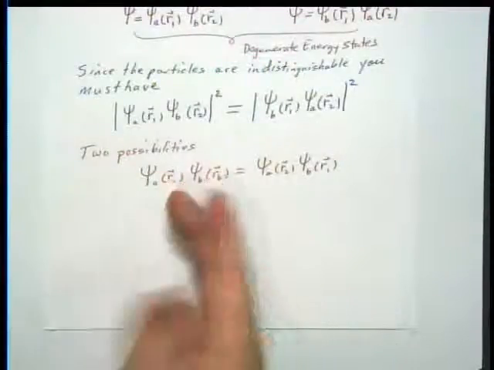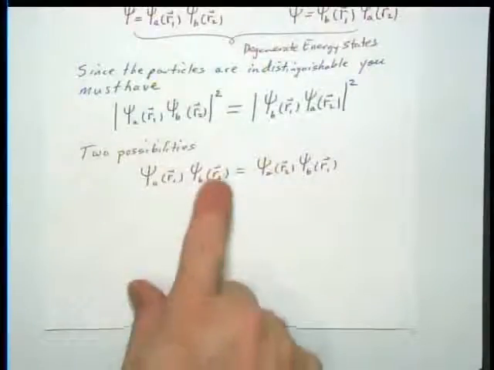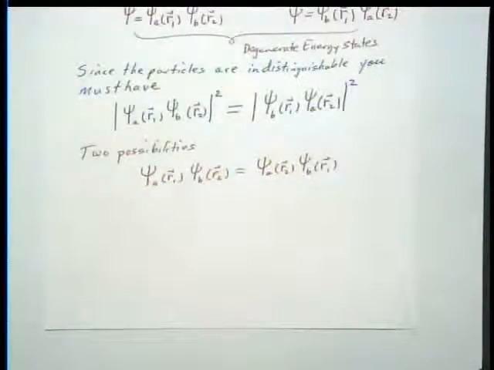So if you switch those two particles around, you take R2 and you take R1 and flip them, it doesn't change. It's equal to the original wave function. This is known as the symmetric solution. And particles that obey that are called bosons. These are the integer spin particles that do this.